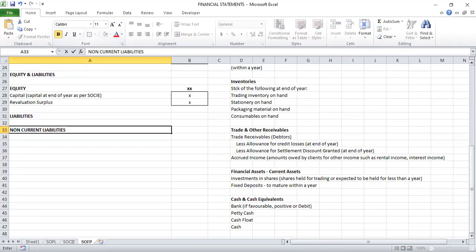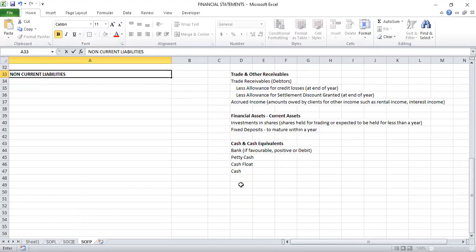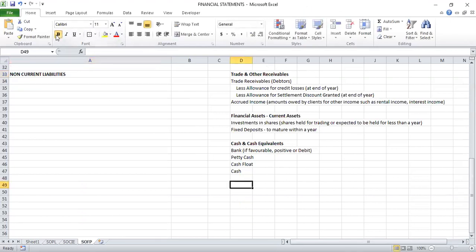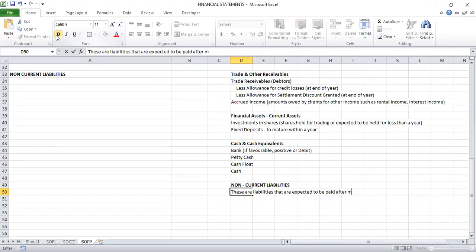Right. When we talk about non-current liabilities, these are liabilities that are expected to be paid after more than a year.